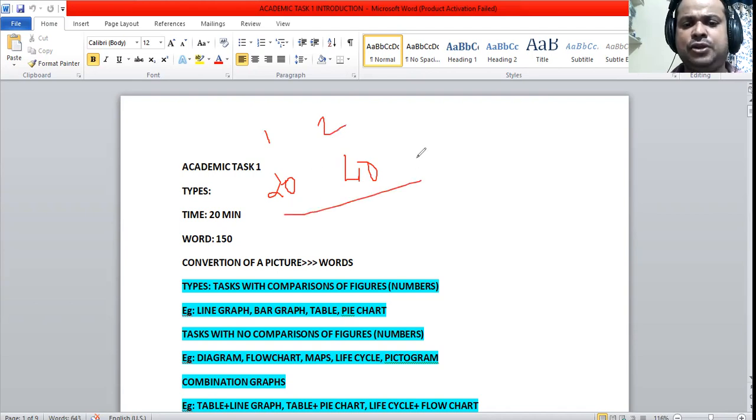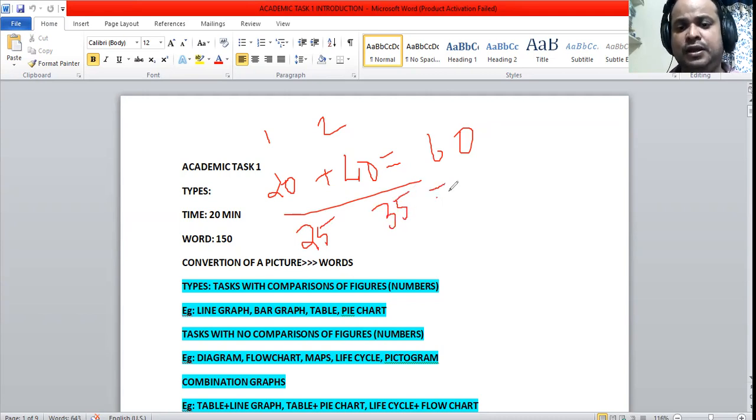In total, you'll be getting 60 minutes. If you are consuming 25 minutes for task one, you will be getting only 35 minutes for task two. You won't be getting more than 60 minutes, that's 1 hour for the writing completion.